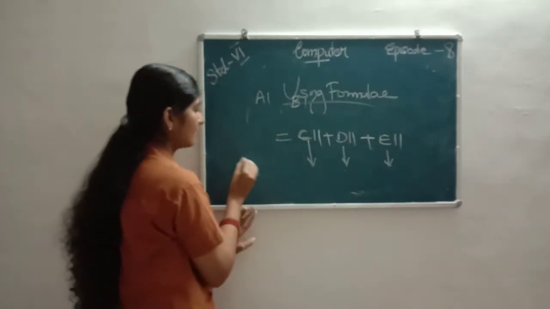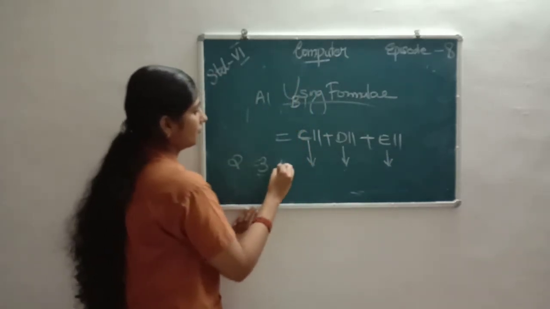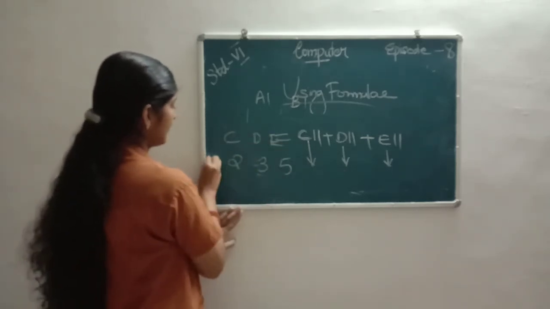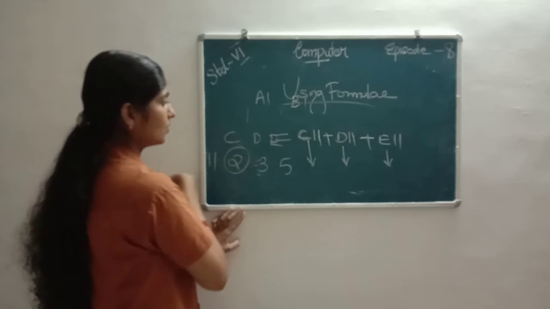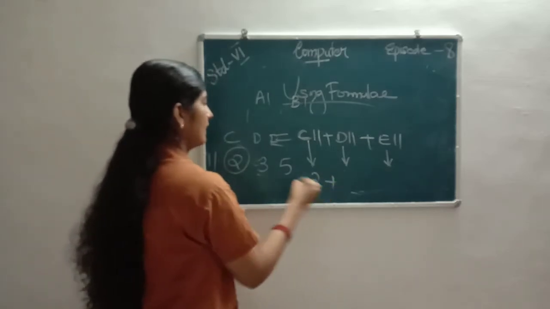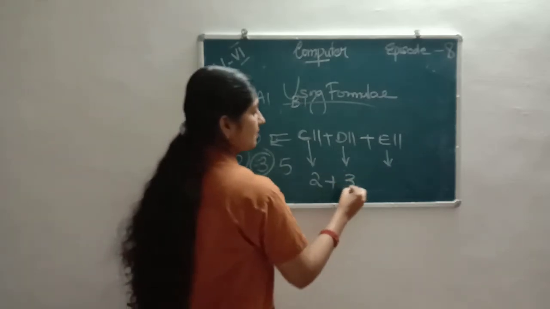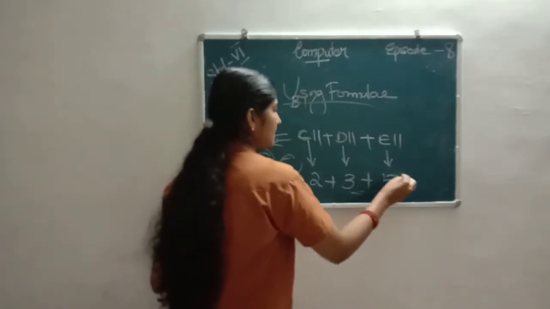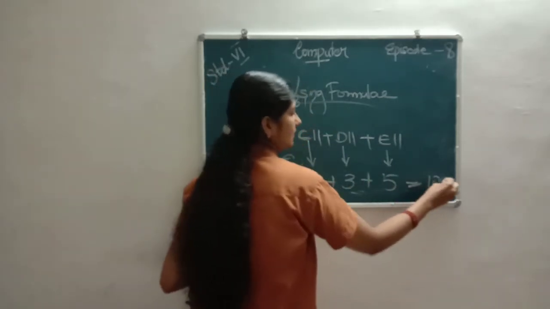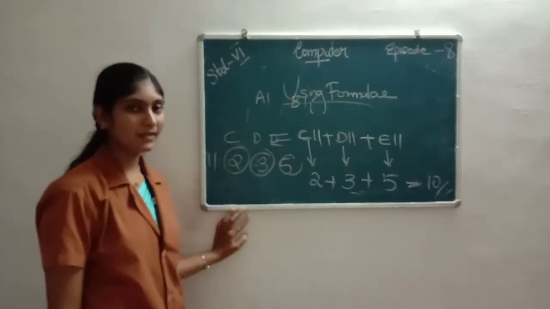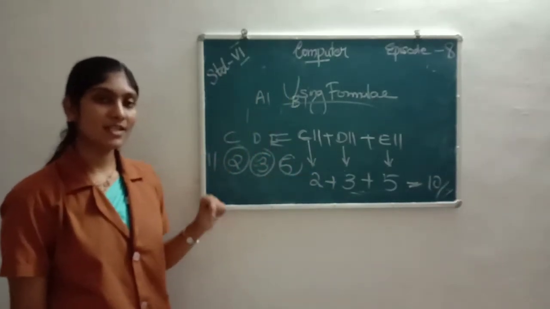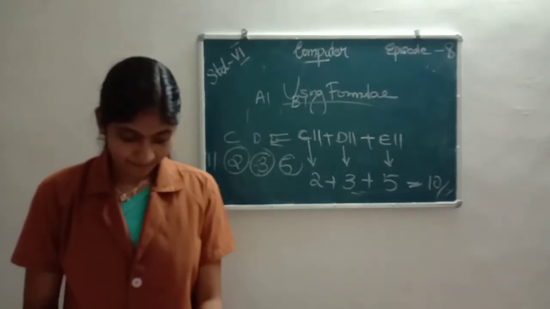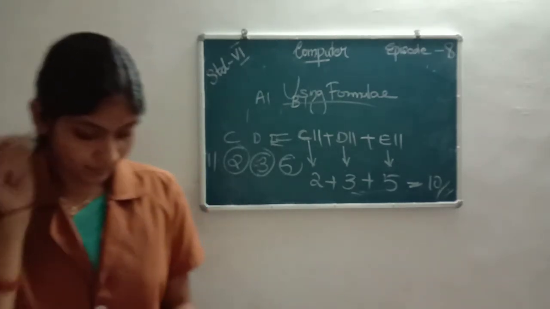For example, C11 is 2, D11 is 3, and E11 is 5. So 2 plus 3 plus 5 is 10. So we can construct a formula using this. Remember, just put an equal to symbol before entering the equation. Then next is copying the formula.